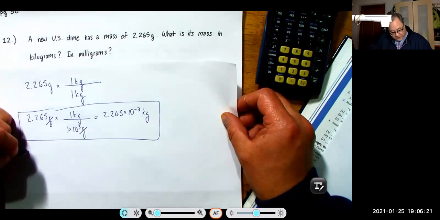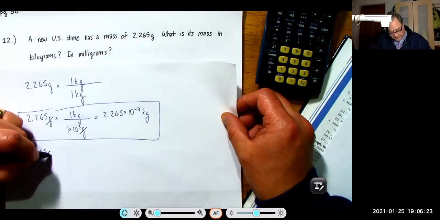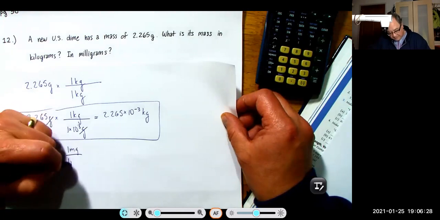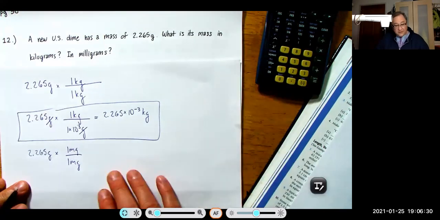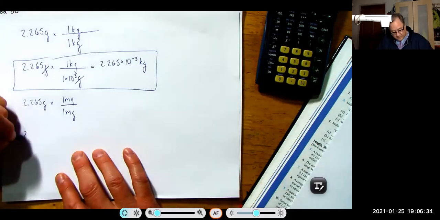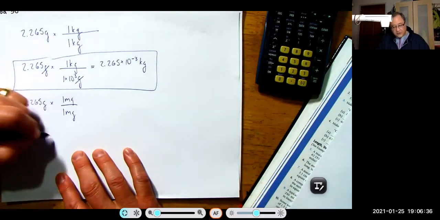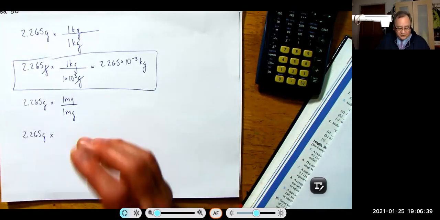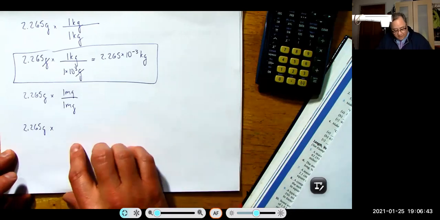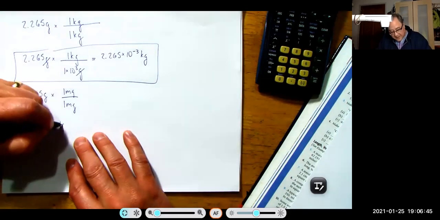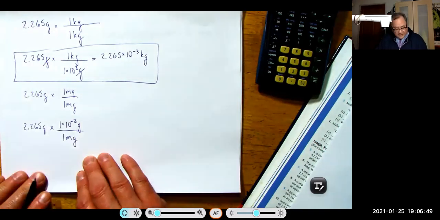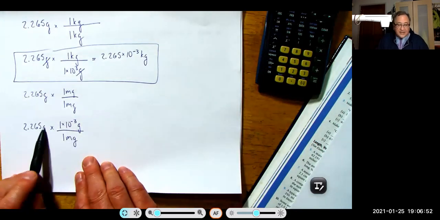So 2.265 grams times, I'm going to do this one, milligram over milligram. And now I'm going to write. So let me make a mistake here so you can see how easy it is to recover. I'm going to write 1 times 10 to the minus 3 grams over 1 milligram. And can you see how milligrams and grams do not cancel?